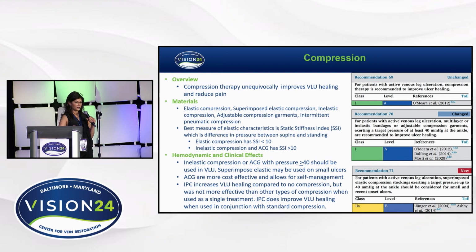So their new guideline indicates that active ulceration should use a multi-layer inelastic bandage or adjustable compression garment, with a targeted pressure of 40 millimeters at the ankle. With small or new ulcers, they're recommending the superimposed elastic garments with a pressure of 40.